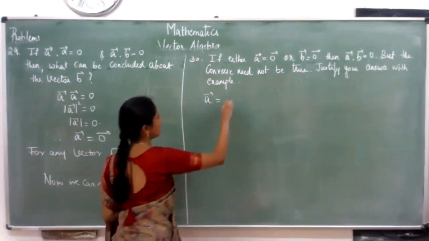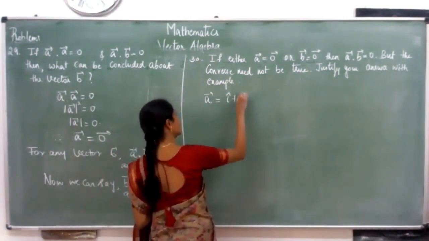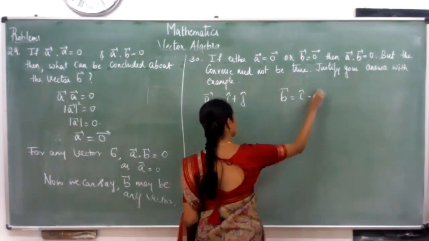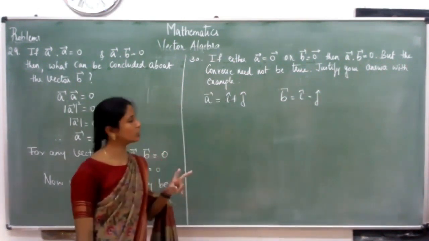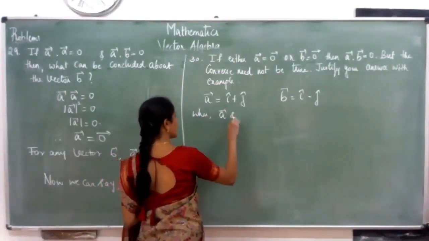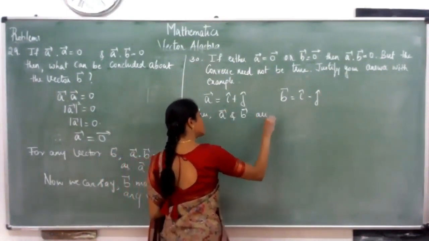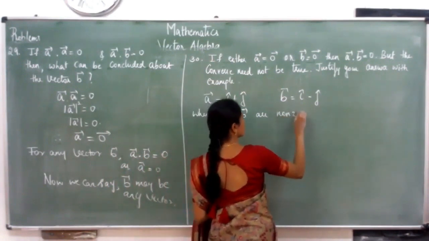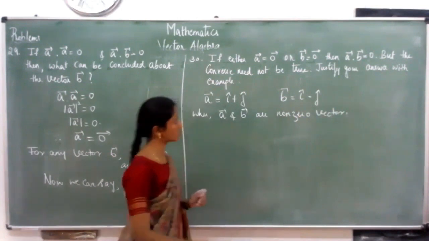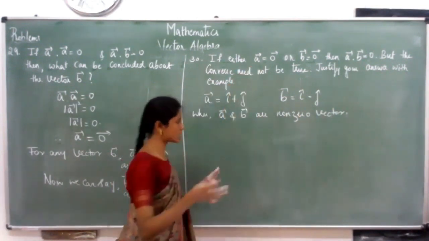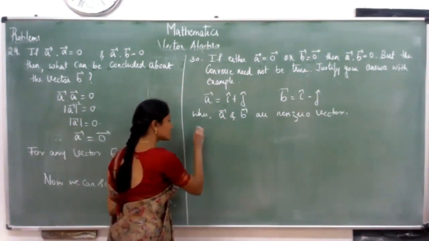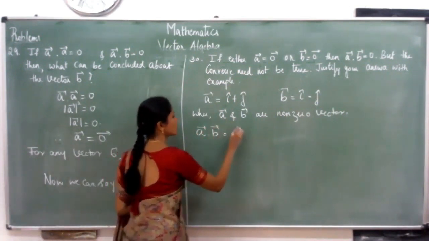I take vector A as vector i plus vector j and vector B as vector i minus vector j. These are two vectors, where vector A and vector B are non-zero vectors. Okay. So we have considered two vectors which are non-zero. We are proving the converse. So let us find what is the dot product between these two.